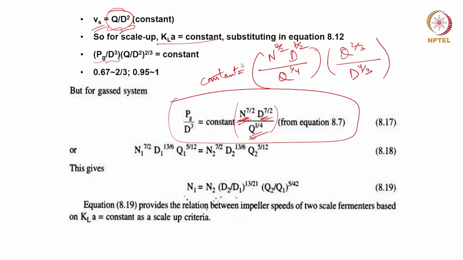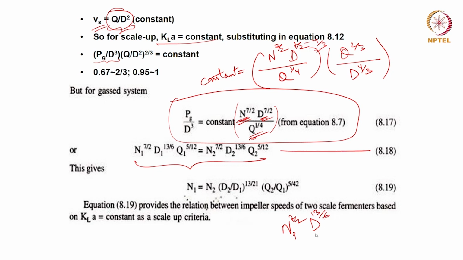So at the two levels, prototype and model, the correlation between all these three parameters at the model and the prototype can be given as shown here in this equation, where your N 7 by 2 at the prototype, your D goes to the power minus 4 by 3. If you do 7 by 2 minus 4 by 3, then it becomes 13 by 6.